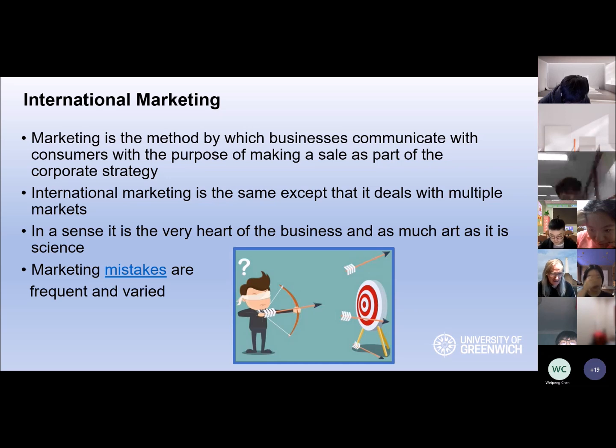And sales are tactical. In a sale, you're standing in front of an individual customer and you're trying to convince them to buy the product or to buy the service. Whereas marketing is a corporate level activity and it has to be done as part of the corporate strategy.